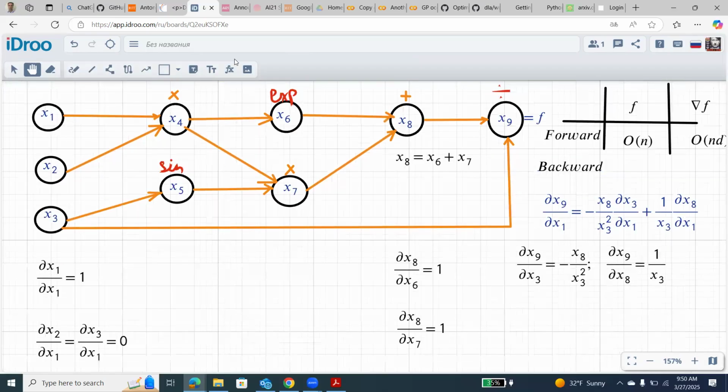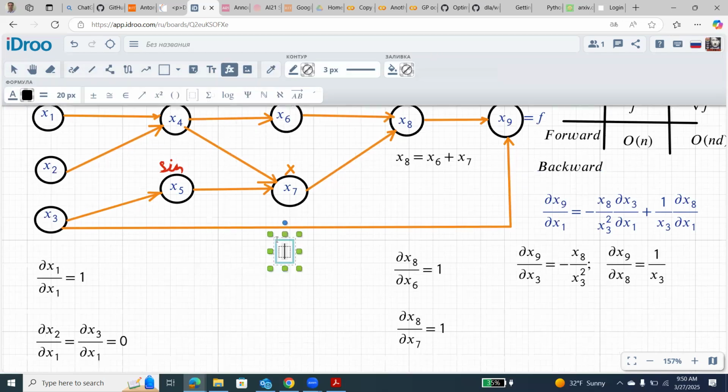Okay, then we move to the previous node, x6. It has only one input, x4, and this is an exponent. So the derivative of x6 with respect to x4: the derivative of exponent is exponent, so it will be just x6.